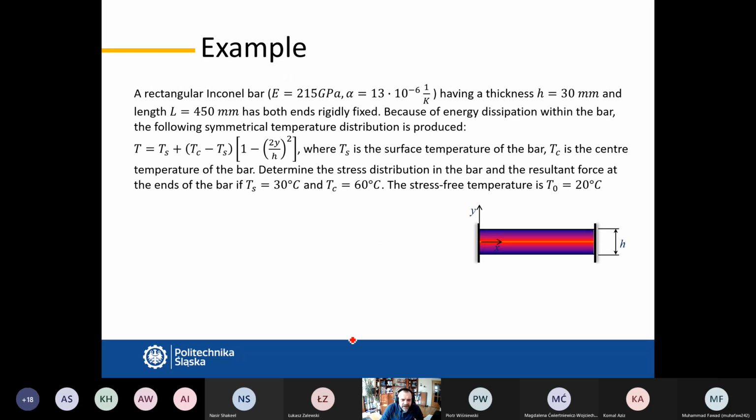Example: we have a rectangular Invar bar, with the parameters given, which has a thickness of 30 millimeters, so the height of 30 millimeters, and length 450 millimeters. Both ends are rigidly fixed.